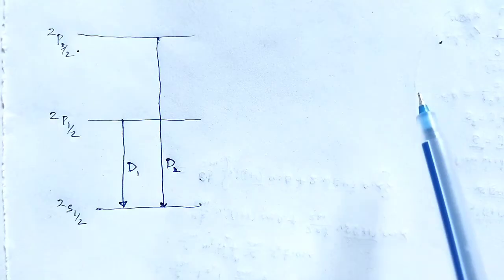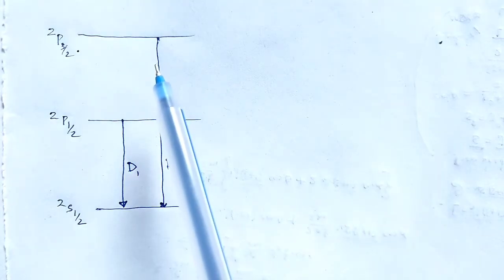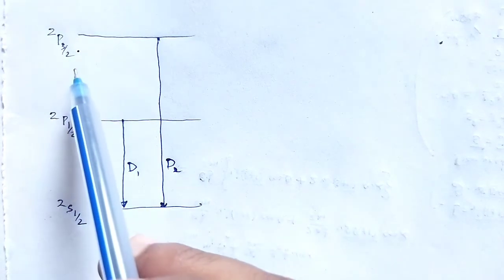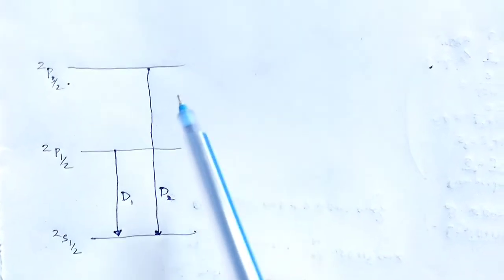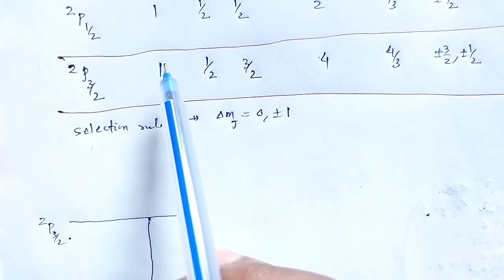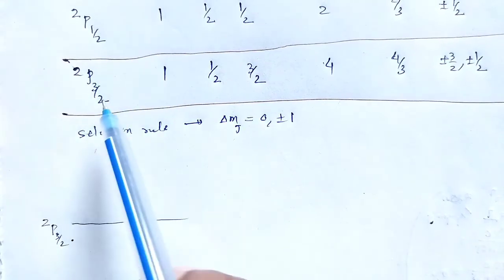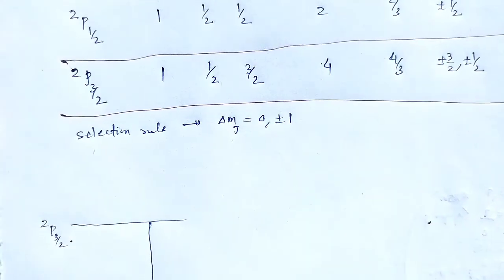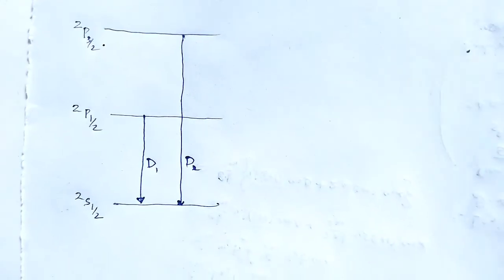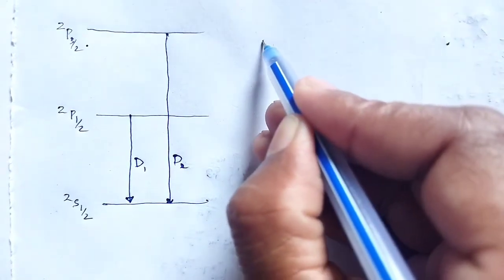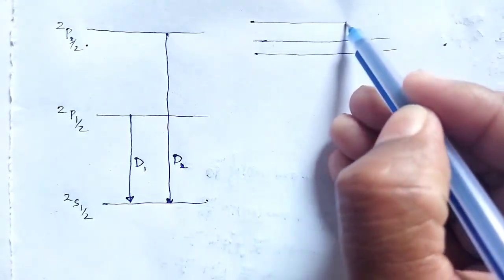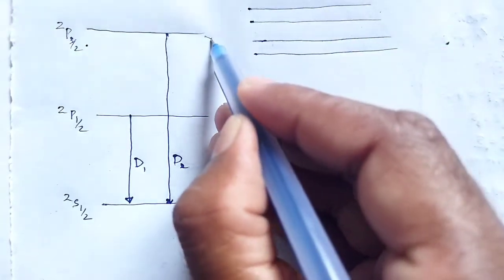But when we apply an external magnetic field, what happens? The splitting of the spectral lines takes place. So in the case of 2p 3/2, the number of allowed levels is 4, so the splittings are 1, 2, 3, 4.